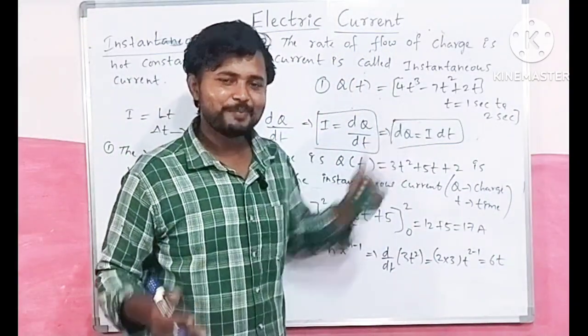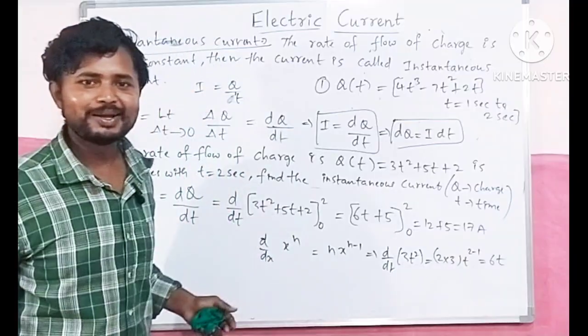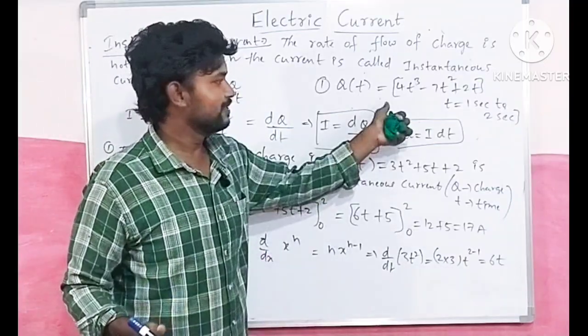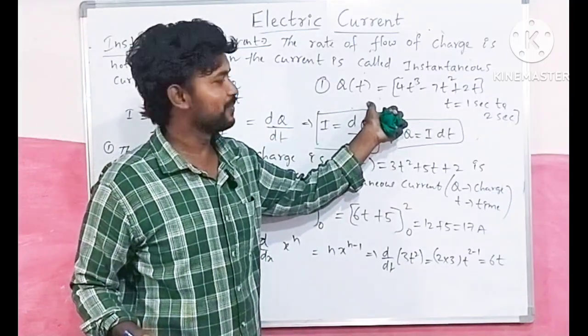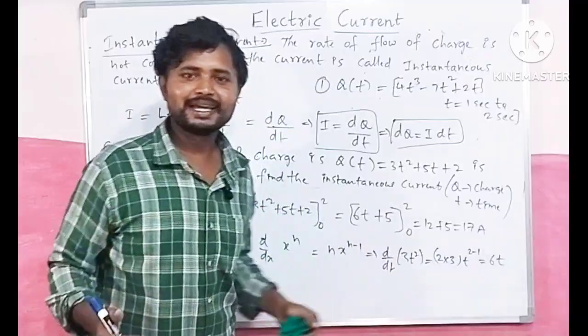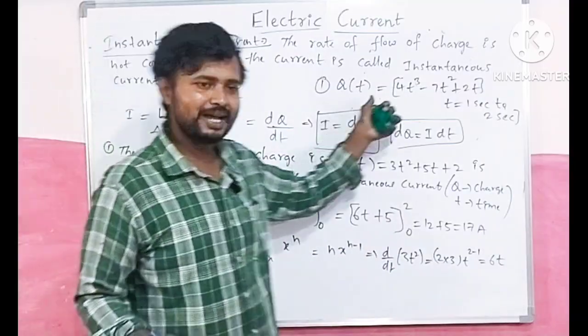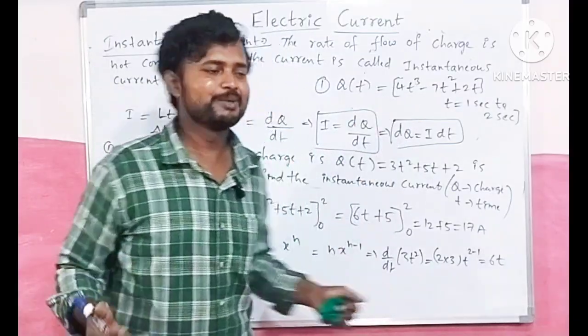Solve this and put in the comment how much current is coming. When the charge varies with time, how much current is coming? You have to solve it and put it in the comment box.